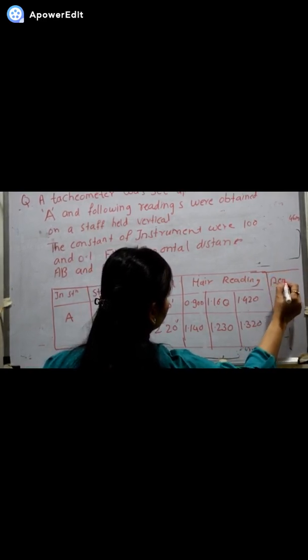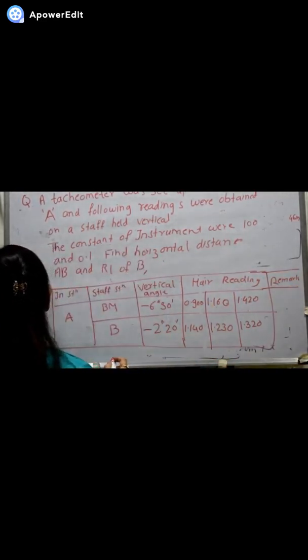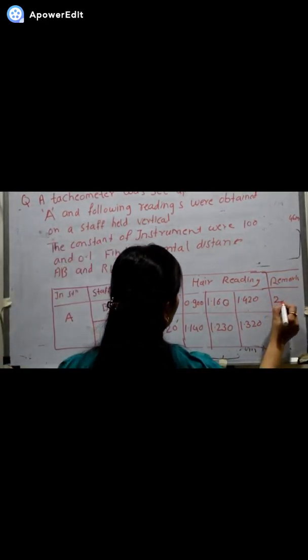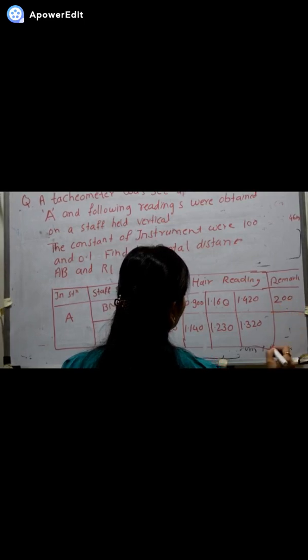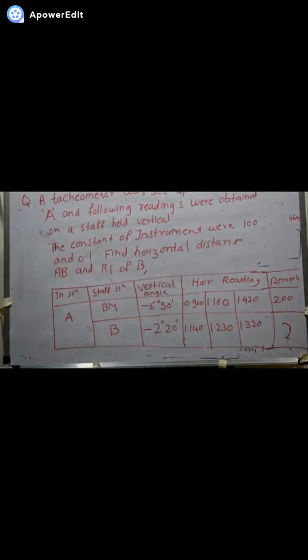Remark: they have given the RL of BM as 200 and we have to find the RL of B. This is the problem which they have given us.